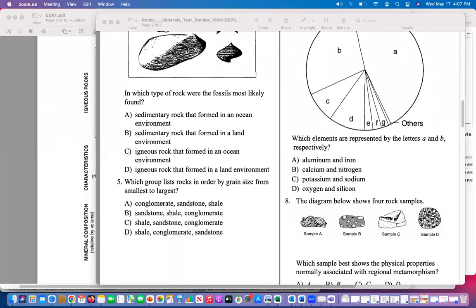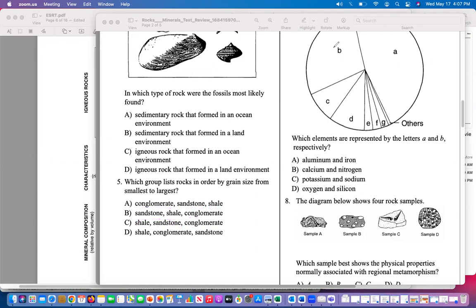When I'm looking at these rocks, I see conglomerate, sandstone, and shale. Let me find these three rocks. Where do I find shale, sandstone, and conglomerate?